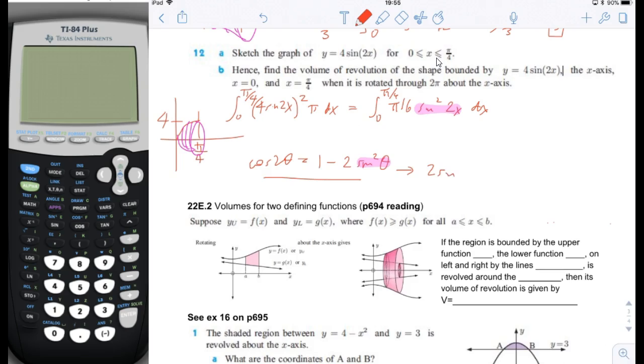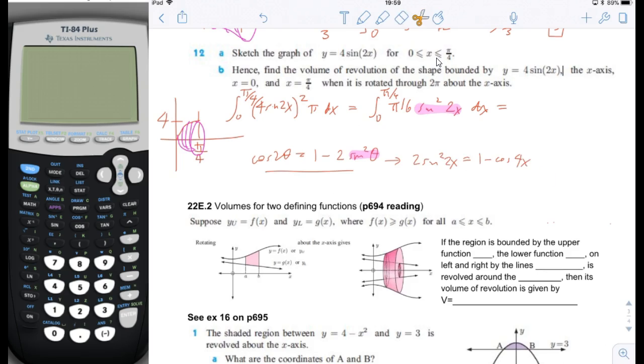So 2 sine squared theta equals 1 minus cosine 2 theta. Instead of theta, I'm going to put 2x, and if this is 2x, then 2 theta would be 4x.